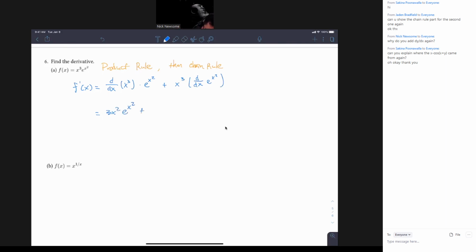Second term, we've got x cubed multiplied by the derivative of e to the x squared. Now there's a chain rule. So I need the derivative of the outside function, which is the e function. Okay, so that's the e to the x squared just by itself. And then I take the derivative of the inside function, which is the exponent, the derivative of x squared.